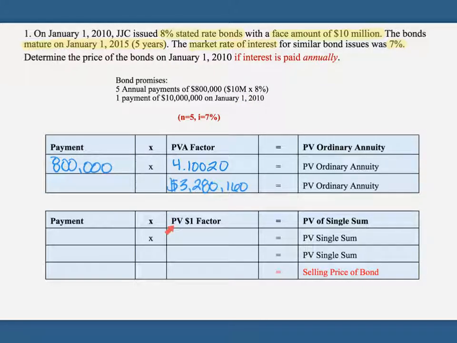Now we jump down to find the present value of our one-time $10 million payment on January 1st, 2010. For that, we're just going to use the present value of $1 since it's one single payment. So we fill in our $10 million here. And then we need to find the present value of $1, again, at n equals 5, i equals 7%. So let's look at that table.